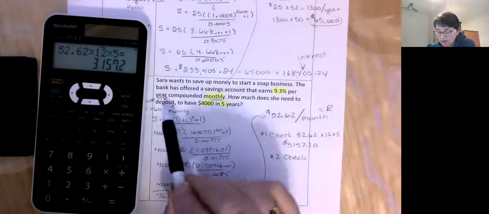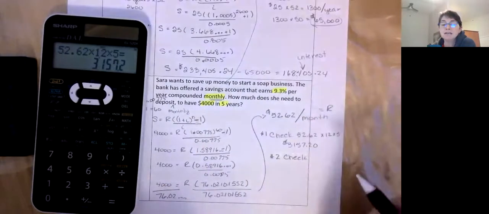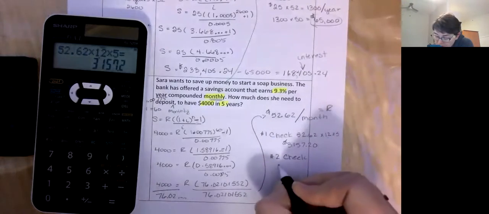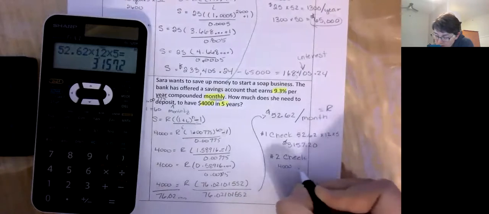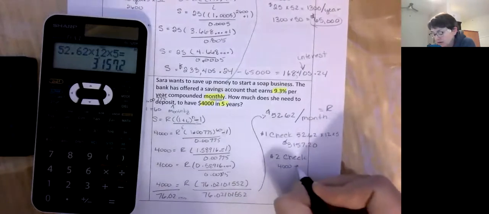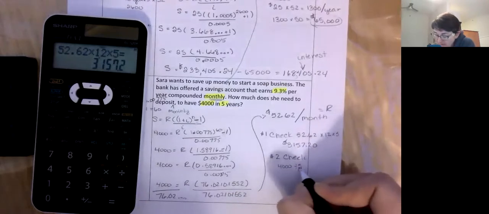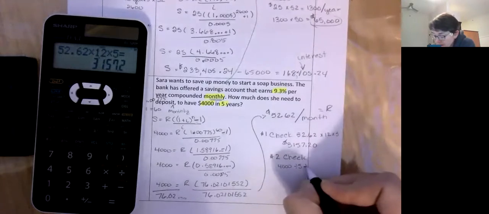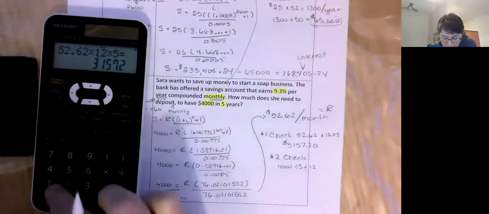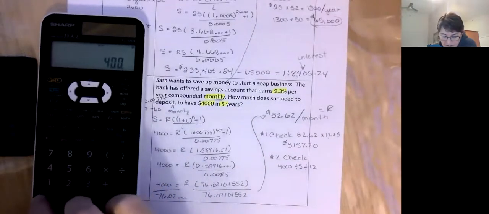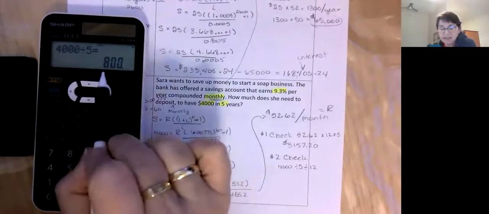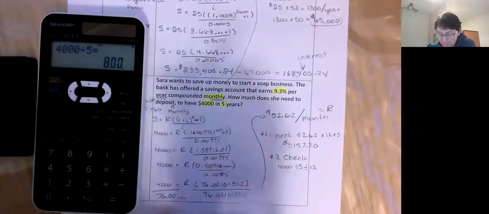Number 2 check. And like I said before, because the question isn't asking you to check, you don't have to do this. Another way to look at it is if she had $4,000 that she wanted to save, she could divide that by 5, figure out how much she wants to save per year, and then divide that by 12. So 4,000 divided by 5, which would mean she needs to save $800 a year.